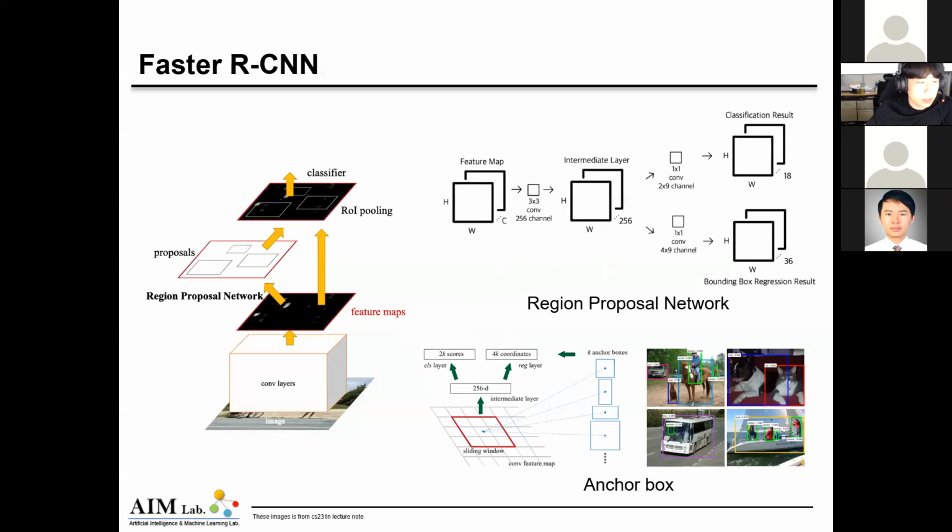But the next one, after RoI pooling, classifies which class each box belongs to. It is the very famous one, and it is the main work for 2-stage object detection.